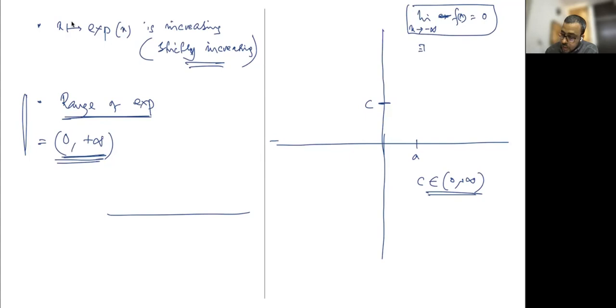So there is a real number, let's say N, such that x less than N implies f(x) less than c.